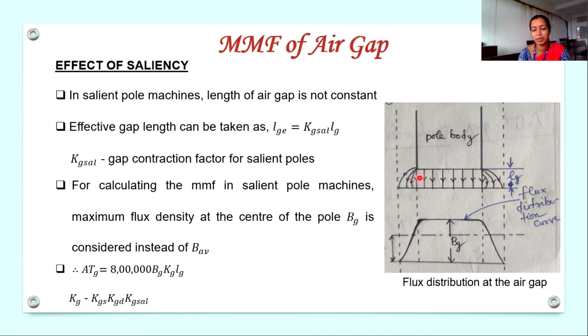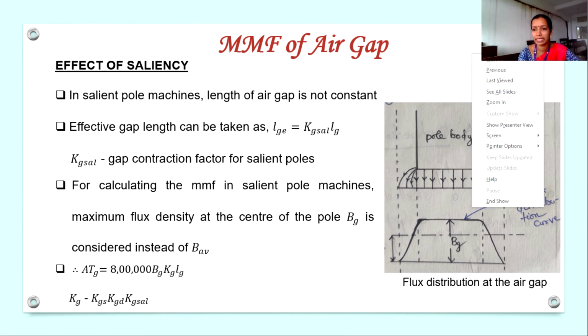So flux is maximum under the poles, and in the interpolar space the flux density decreases. So towards the interpolar space, the flux density decreases, and at the interpolar axis the flux density reaches 0. So what is interpolar space and interpolar axis? Do you remember?